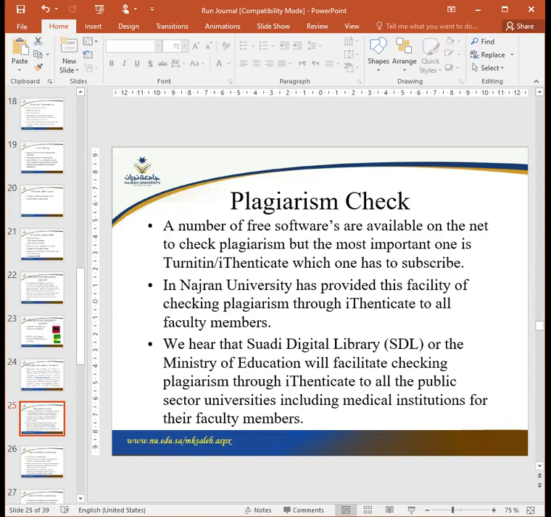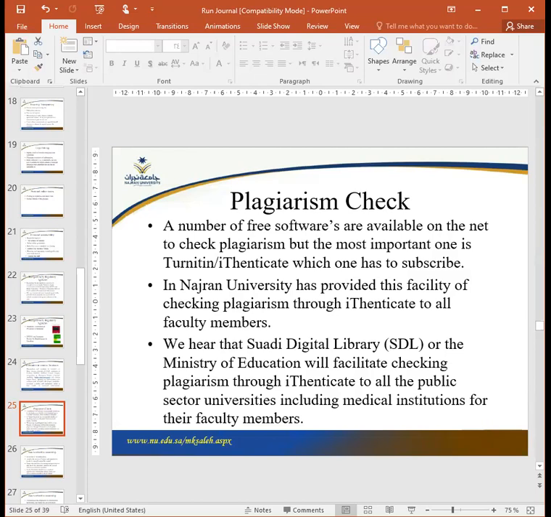The plagiarism check. As I said, a number of free software are available on the net to check plagiarism, but the most important one here is Turnitin, or iThenticate, which one has to subscribe to. Najran University provides this facility of checking plagiarism through iThenticate to faculty members.